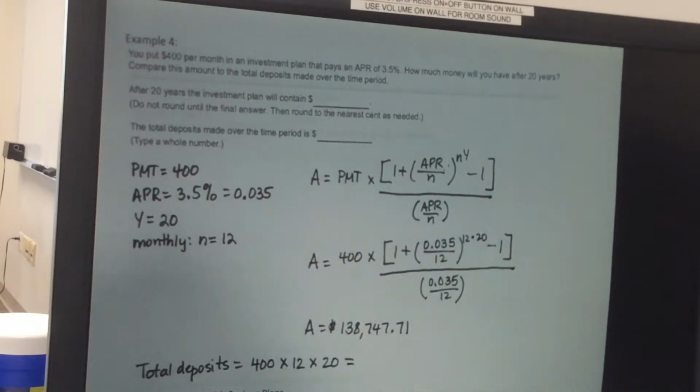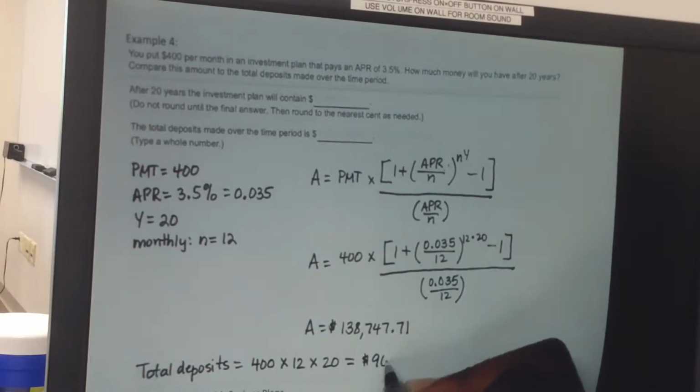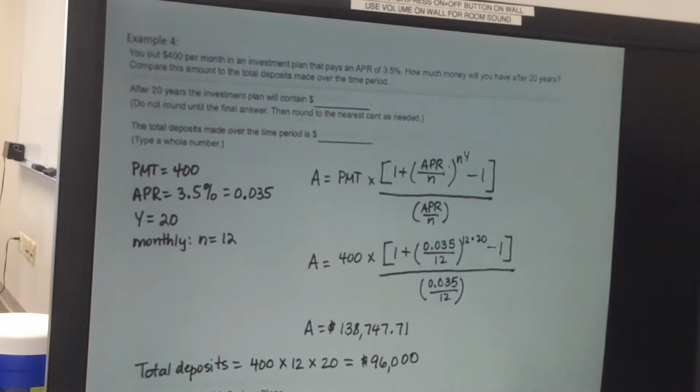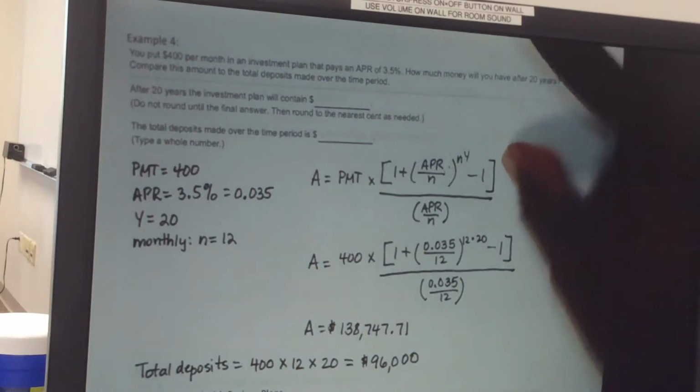So if I do 400 times 12 times 20, that would end up being $96,000. So over the 20 years, this person has put $96,000 into that particular investment plan. And here, at the end of 20 years, that investment plan has $138,747.71.